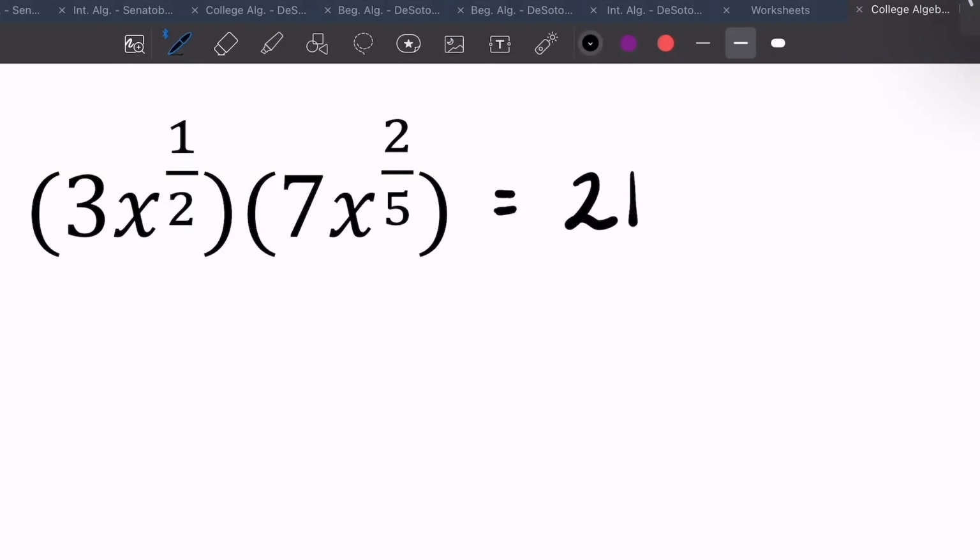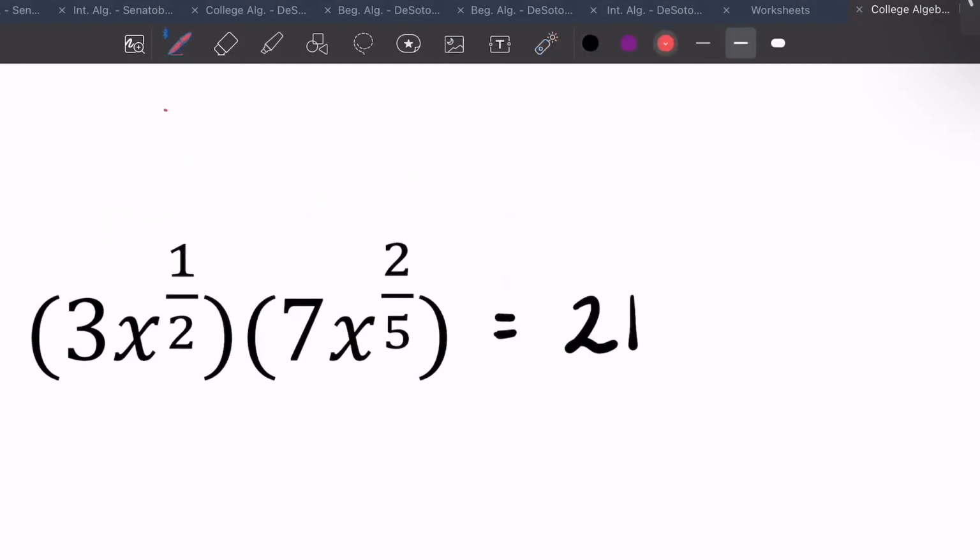When you multiply like exponents, meaning when you have something like x and x, and you're multiplying those together, you add your exponents.